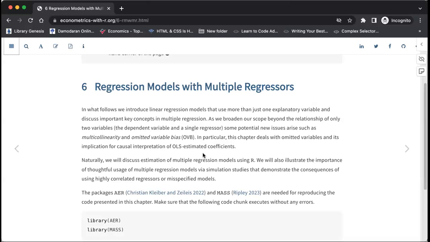We'll also look at multiple regression, some OLS estimators and the assumptions as well. So far we had up to 3 assumptions, so we'll add the multicollinearity assumption as well.